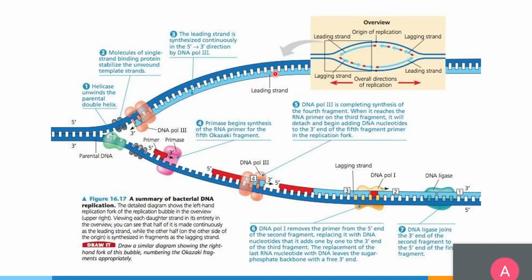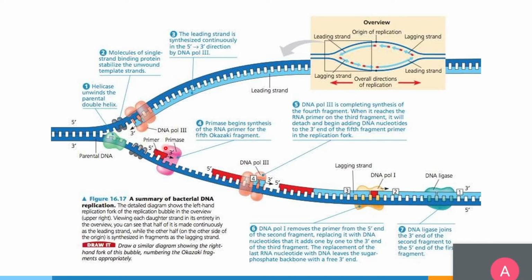The DNA polymerase always needs a primer to which it can attach in order to start the addition of nucleotides. This particular primer is the RNA primer generated by the enzyme primase. In the case of the leading strand, only one primer is required, and it is shown here in the small yellow box with the small red portion. That is the RNA primer. That will be later removed and DNA nucleotides will be added instead.